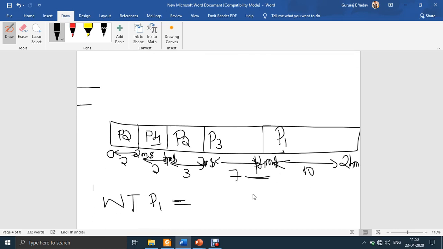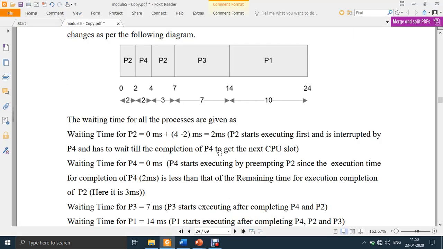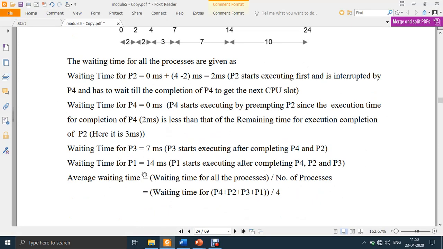So the waiting time for P1 is 14 milliseconds. This amount of time it has waited in the ready queue to get its chance to start execution. Okay, fine. That is what is written here also. You can see, the waiting time for P1 is 14 milliseconds.